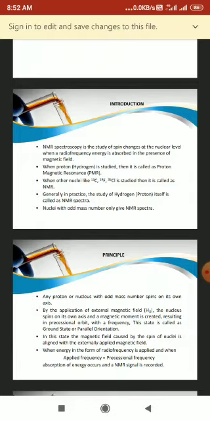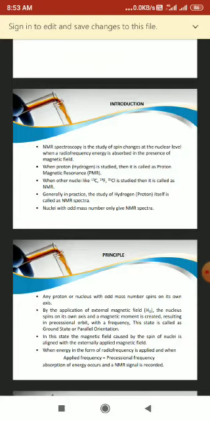Nuclei with odd mass number only give NMR spectra. For example, hydrogen 1, carbon 13, fluorine 19, chlorine 35. Because they have asymmetrical charge distribution, spin quantum number for such nuclei will be 1 by 2, 3 by 2, 5 by 2, etc. For hydrogen 1, it is 1 by 2 and therefore its orientation is 2I plus 1.